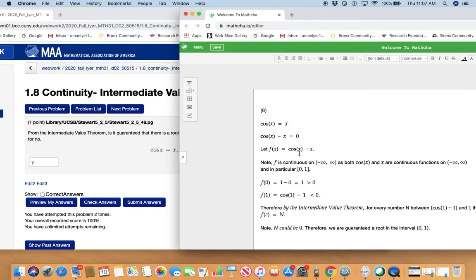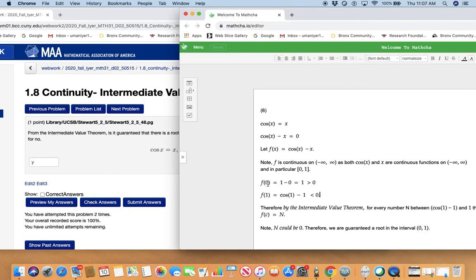Look, the maximum cosine can go is 1. When does cosine become 1? Cosine becomes 1 at 0, pi, 2 pi, 3 pi, and so on. 1 is not 0, pi, 2 pi, 3 pi, and so on. So cosine 1 is going to be smaller than 1. Something smaller than 1, minus 1, is going to be negative.